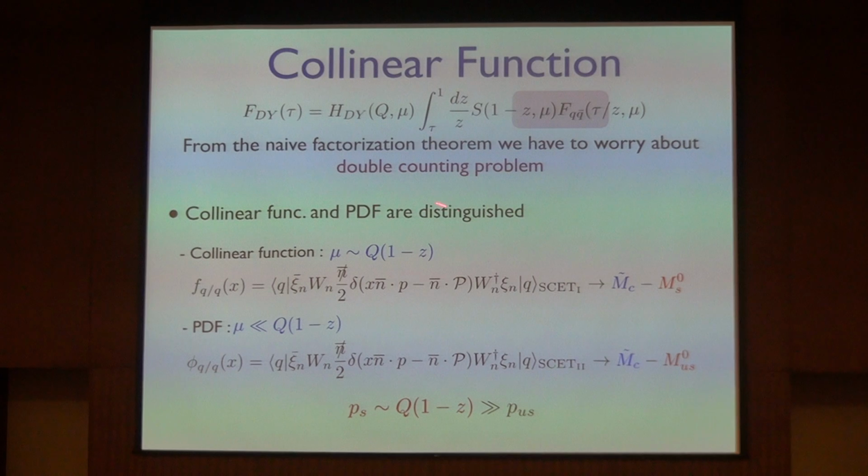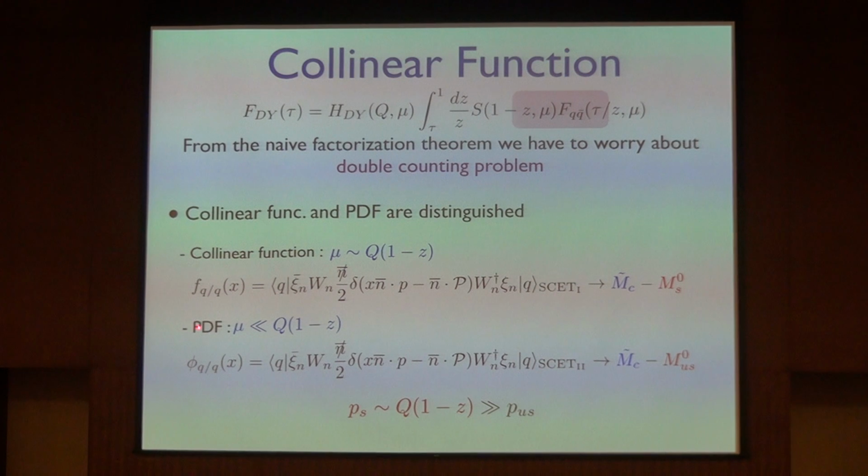So we have to perform that kind of soft zero-bin subtraction. At a lower energy scale than Q times 1 minus x, when you compute the one-loop corrections to the parton distribution functions, we also have to worry about some kind of double counting problem with the very soft momentum. So in principle, for the PDF, we also have to subtract some zero-bin subtractions.